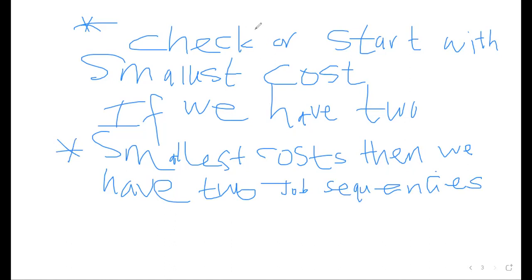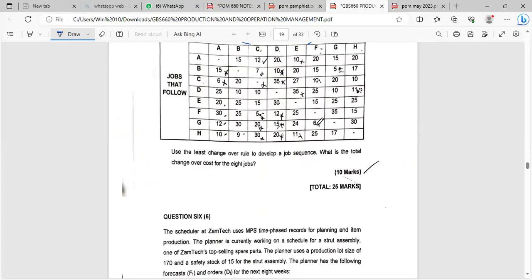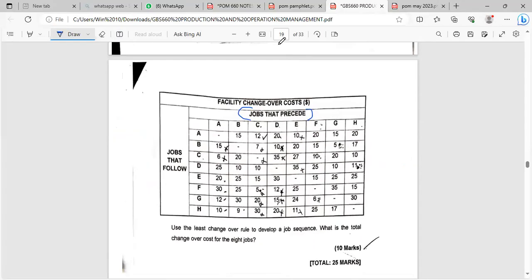So what I'm saying is, as we go back to the question, let's select the smallest cost from this problem. Which one is the smallest cost? For those who are with me, check in this table. Who can tell me the smallest cost from the table?